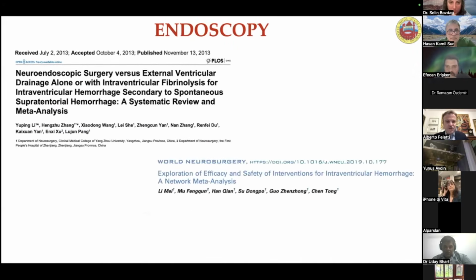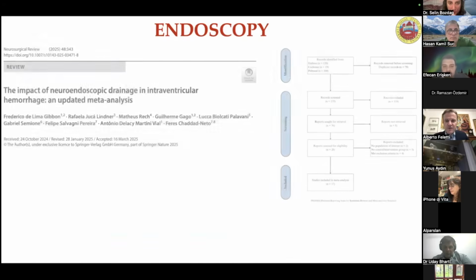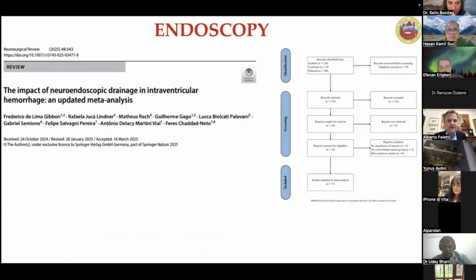In the literature, in the last years, some meta-analyses and systematic reviews have been published about the neuroendoscopic direct aspiration of intraventricular hemorrhage. And they are all saying basically the same thing, that there is a significant benefit for patients undergoing this kind of surgery. This review is the last one, published this year.